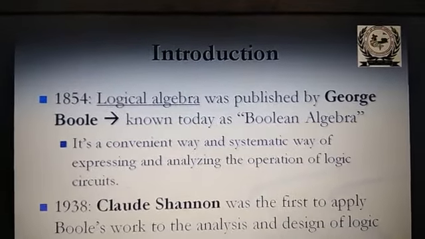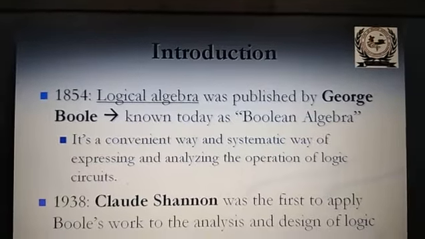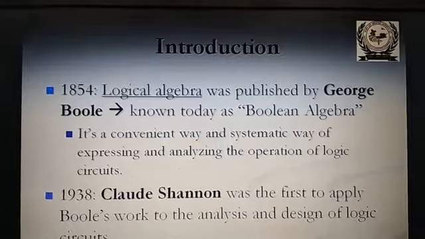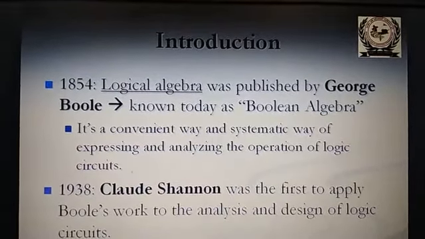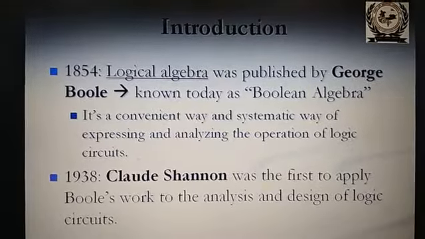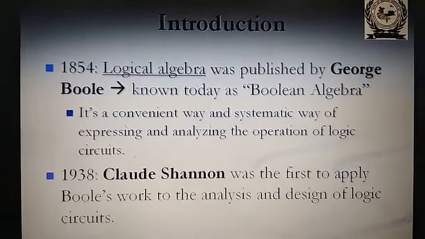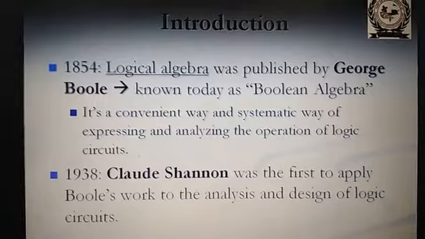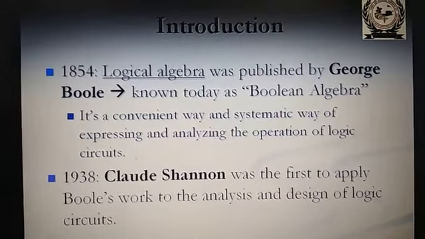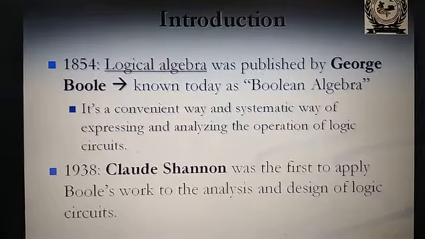In 1854, logical algebra was published by George Boole, known today as Boolean algebra. It is a convenient and systematic way of expressing and analyzing the operation of logic circuits.